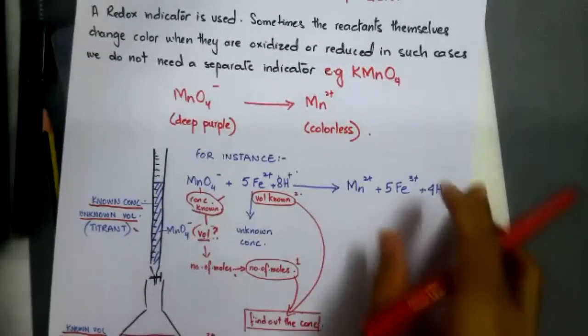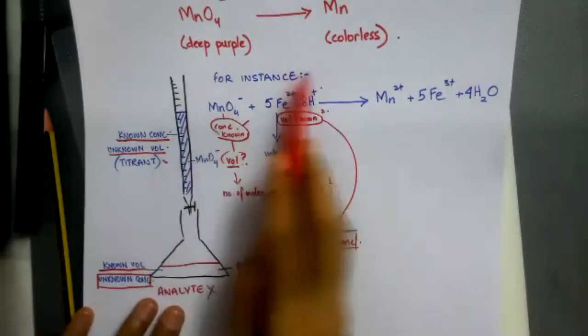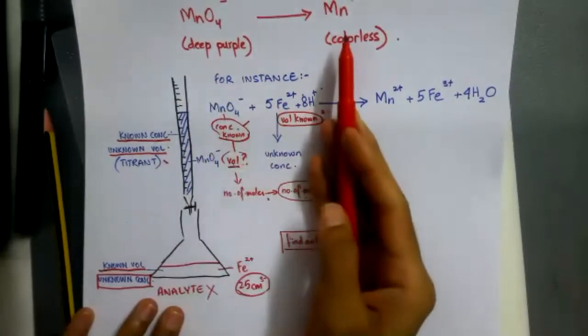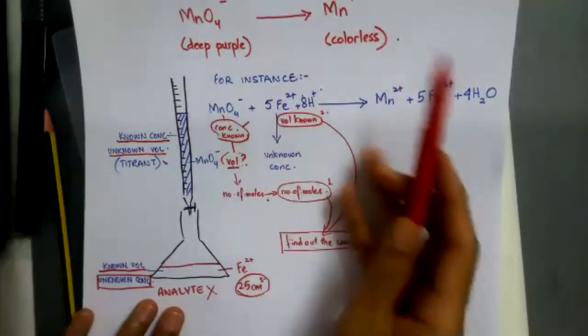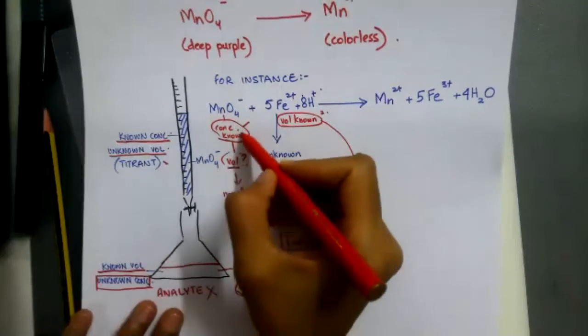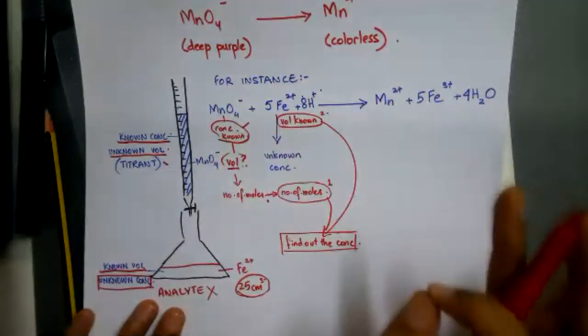Another thing is that the concentration of one of the reagents should be known. If you don't know the concentration of both, you cannot carry this out. This known concentration solution is called a standard solution, a terminology used in your book.